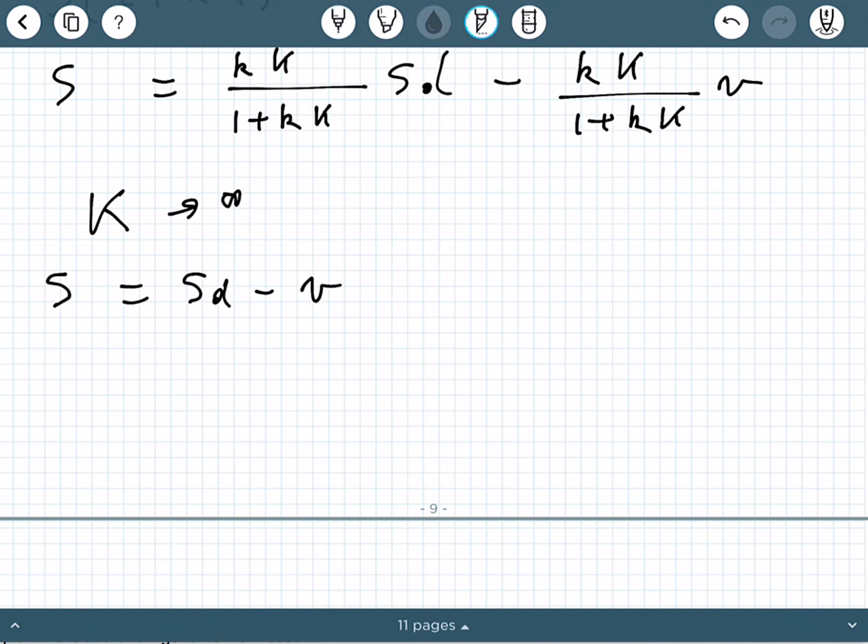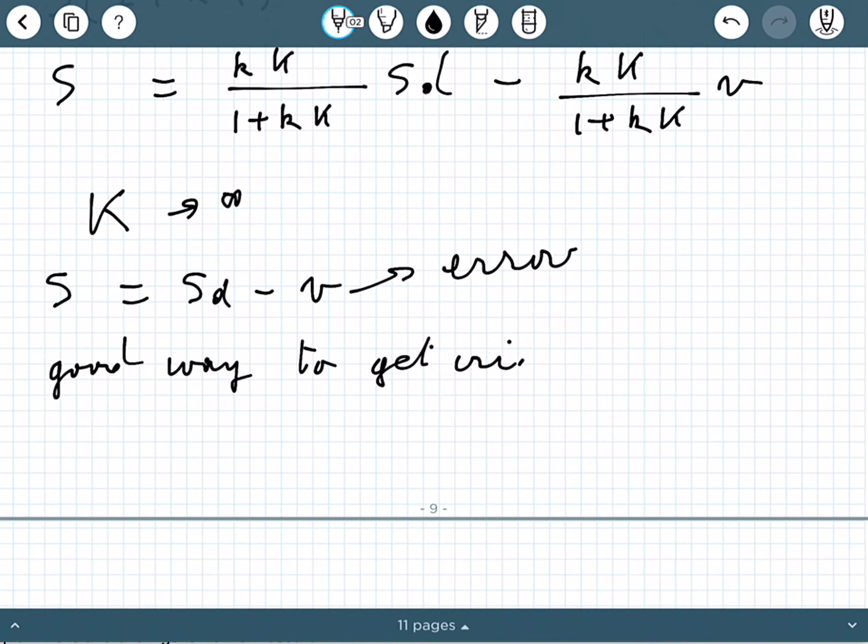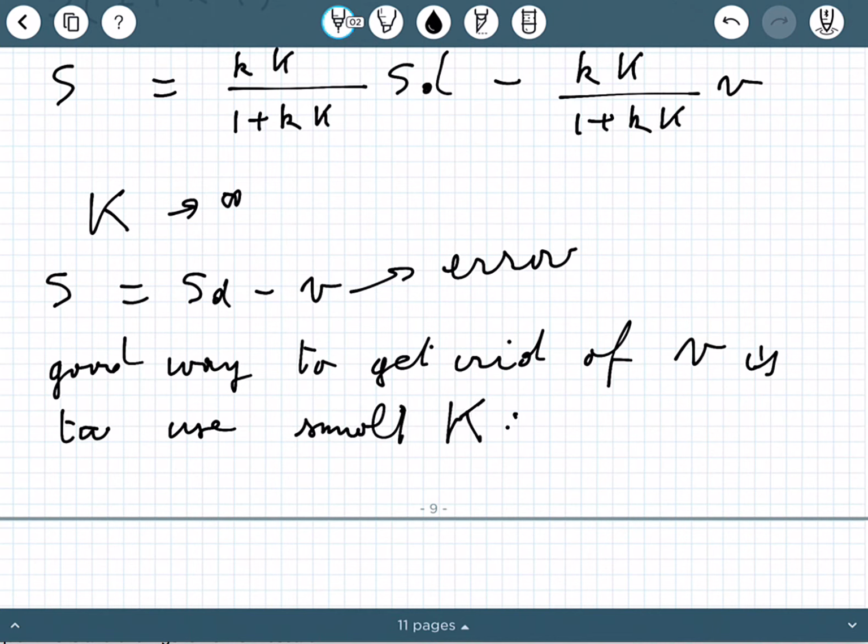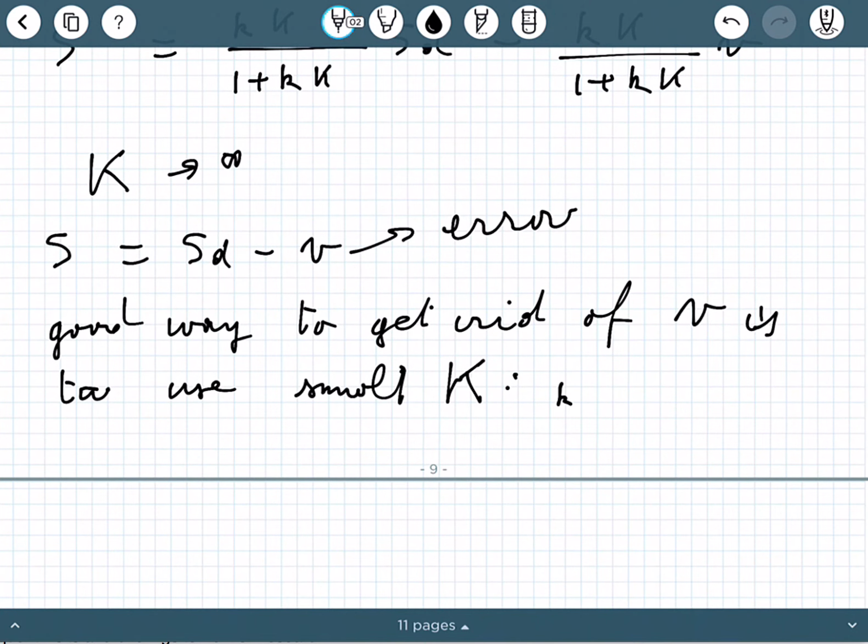In other terms, we have this persistent error that's due to the sensor and that we cannot get rid of with large K. In fact, the good way to get rid of V, sorry, is to use a small K. Yes, because small k, big K divided by 1 plus small k times big K tends towards 0 when big K tends towards 0.